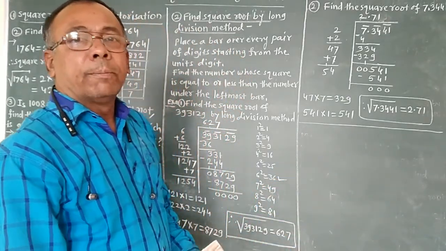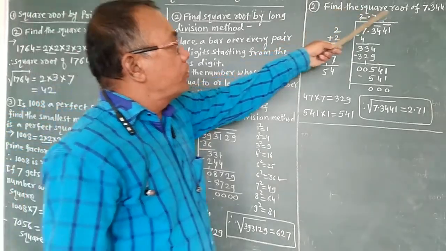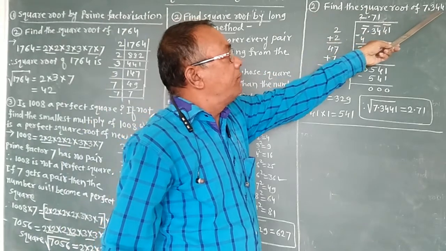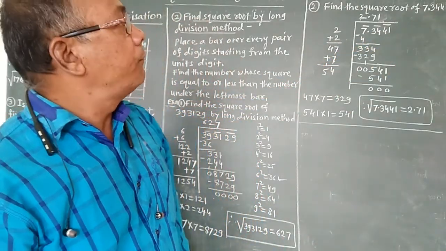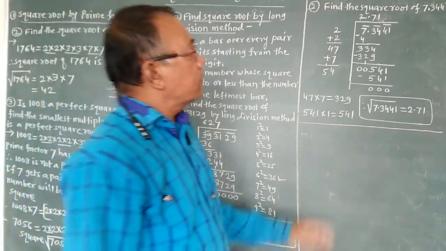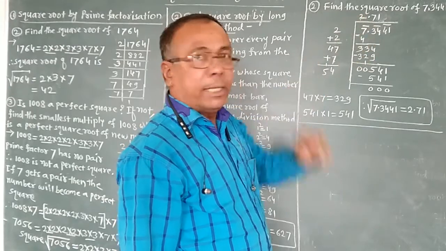Now there is one more example: find the square root of 7.3441. Before the division, we have to pair the digits.